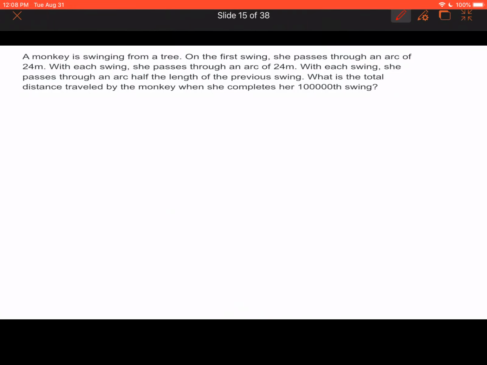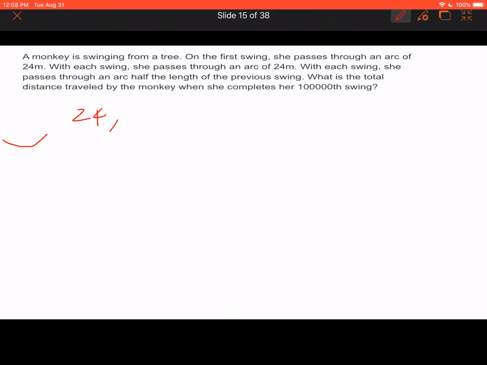A monkey is swinging from a tree. On the first swing, she passes through an arc of 24 meters. With each swing, she passes through an arc half the length of the previous swing. So she's just going to follow that arc, but it's going to be reduced by half.